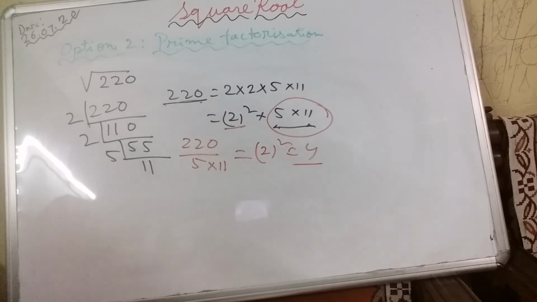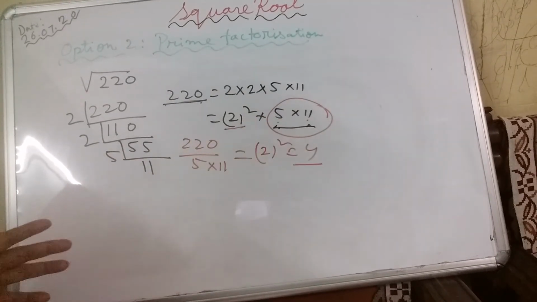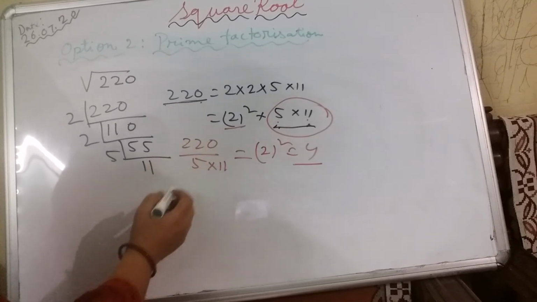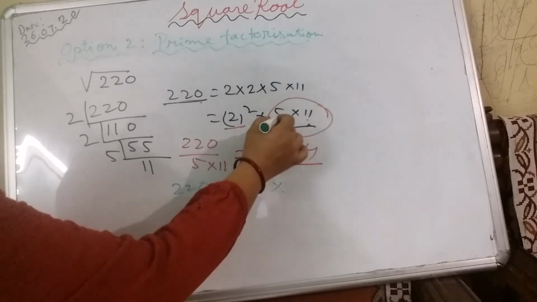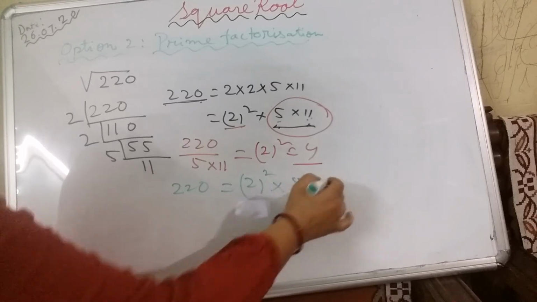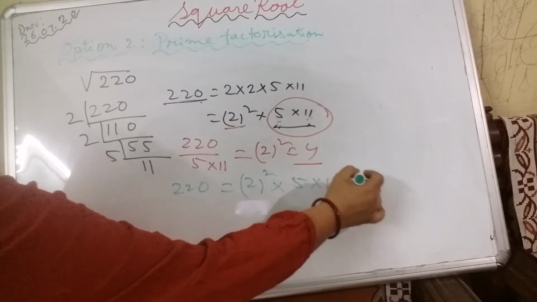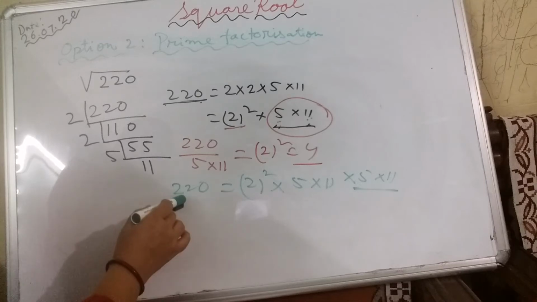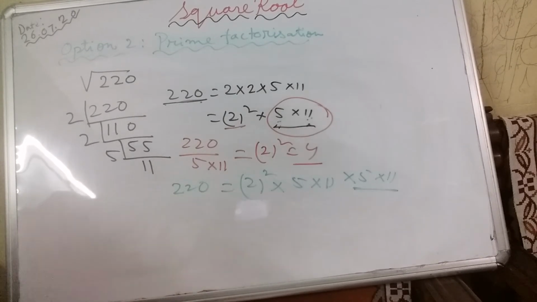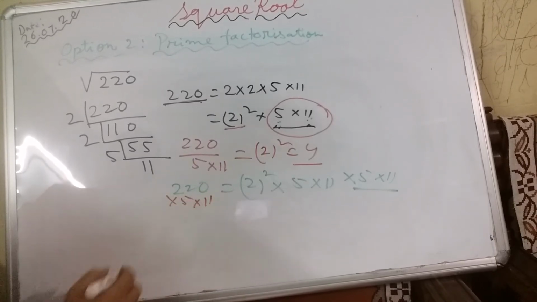Now we can also multiply this 220 by 5 into 11, and then this 5 and 11 will get paired up. So 2 is paired, and for 5 and 11 to make a pair, I have to multiply it by 5 into 11. If I multiply with this 220, I will get a perfect square number.